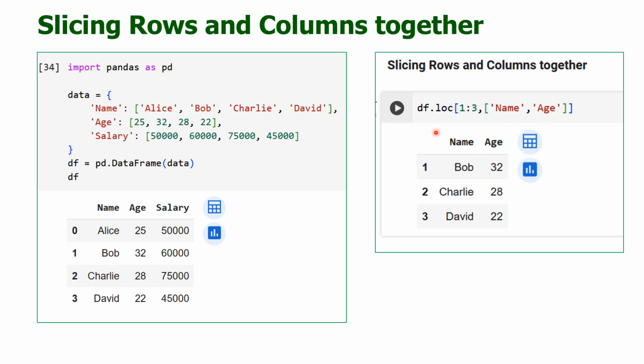Remember, in case of ILOC, the last index is omitted, whereas in case of LOC, the last index is also included. So df.loc is going to include all the rows having the indices 1, 2 and 3 and the columns name and age.